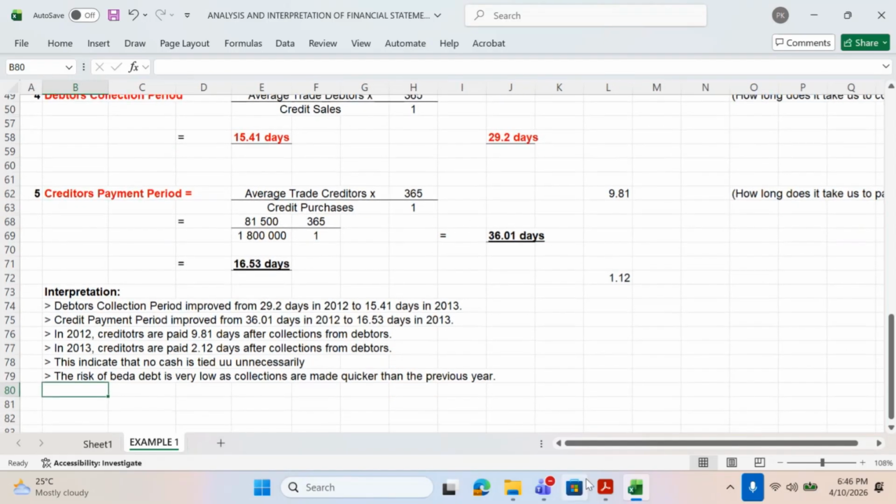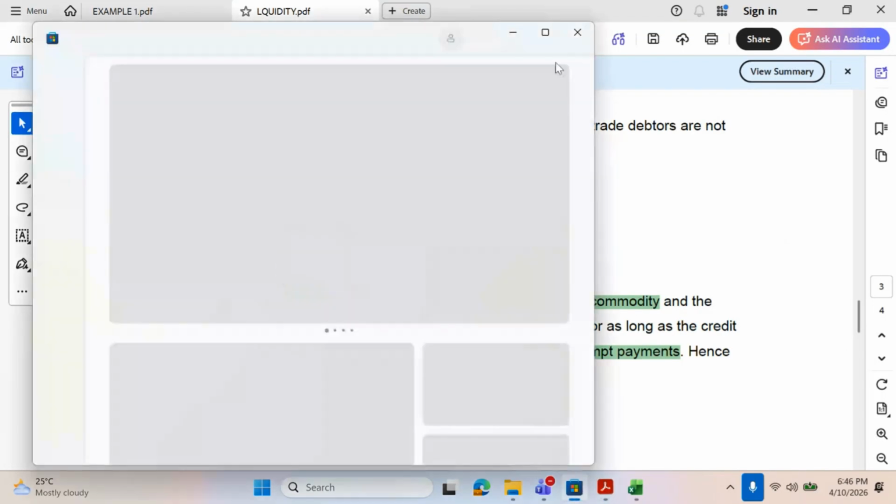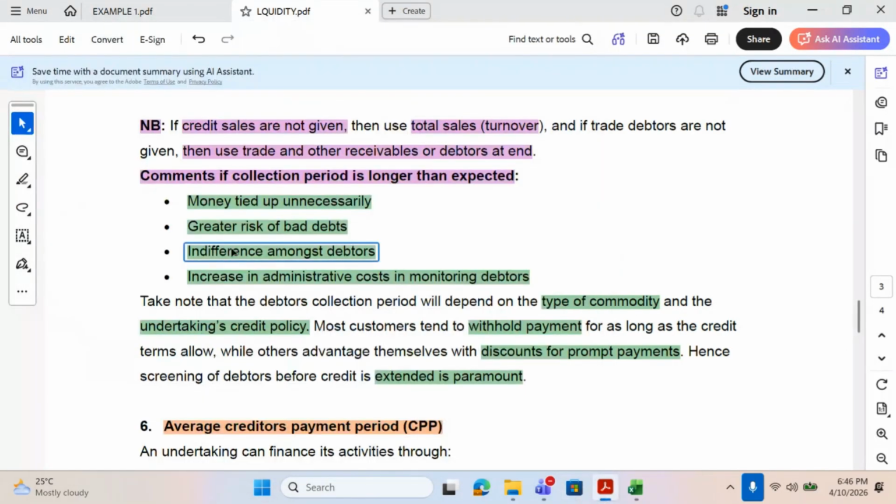Anything else that we can say here? What did they say again here? You can see they're talking about indifference among debtors. I don't see this also. Increase in administrative cost in monitoring debtors. This one, we're going to save unnecessary cost, because we're collecting very quick.